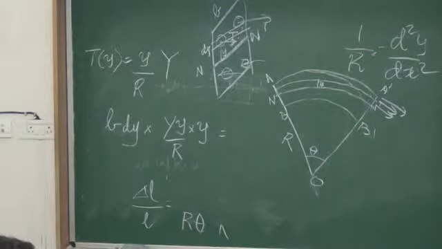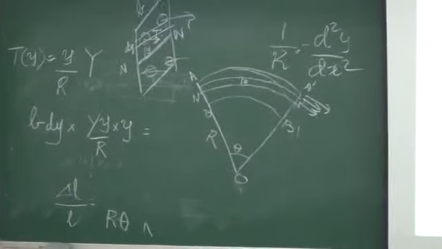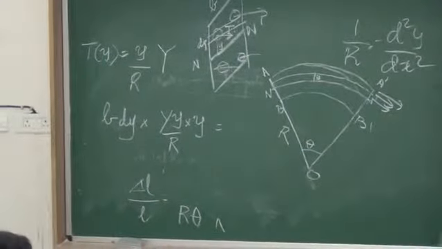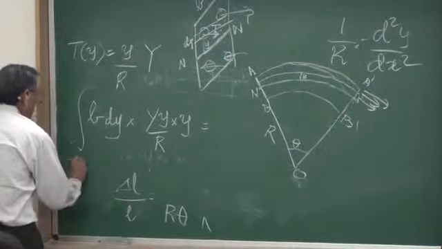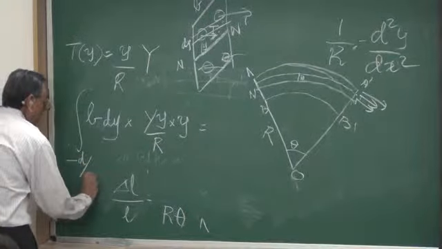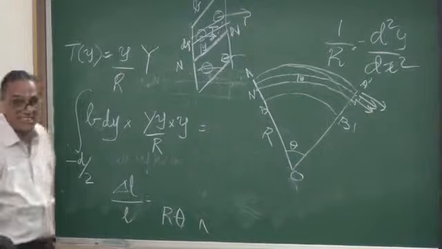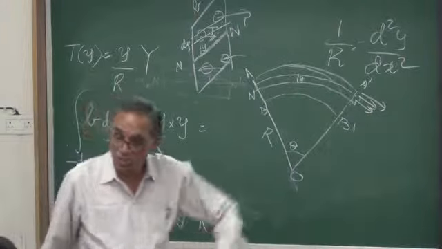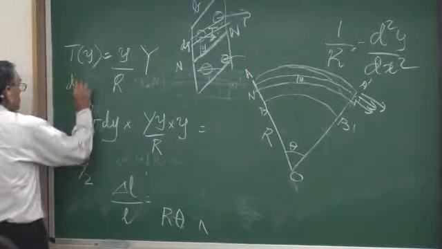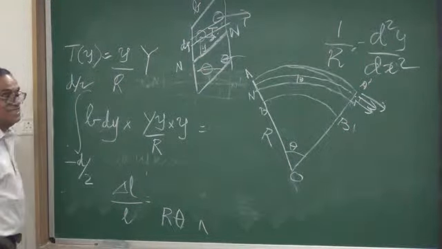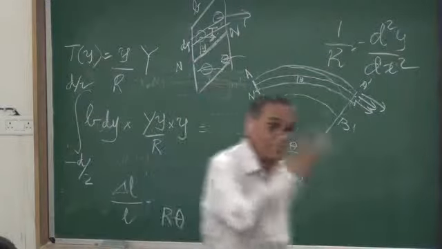This is the bending moment due to this rectangular strip. You want to calculate the total bending moment. The total bending moment will be the integral of this from one end of the thickness, minus d by 2, to the other end, plus d by 2. This is the bending moment at that cross section.